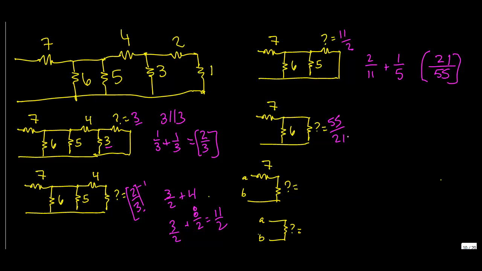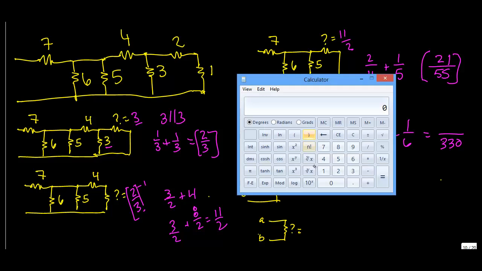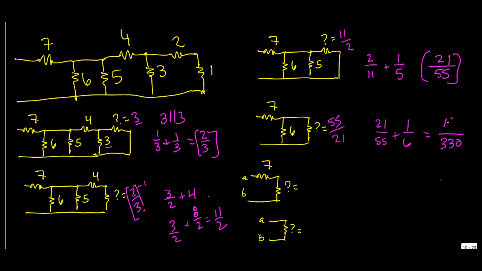So the next one is 55 over 21 is in parallel with 6, so you do 21 over 55 plus 1/6, and you'll get something like, let's see here, 55 times 6 is 330, so we got 330 on the bottom, and then we got 55 plus 6 times 21, so 126 plus 55, you get 181, that's what I thought.